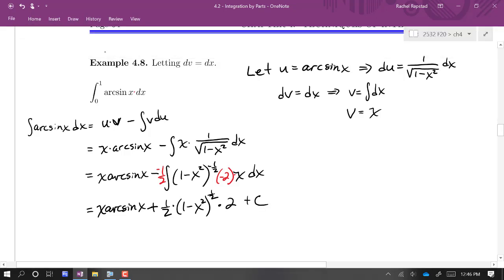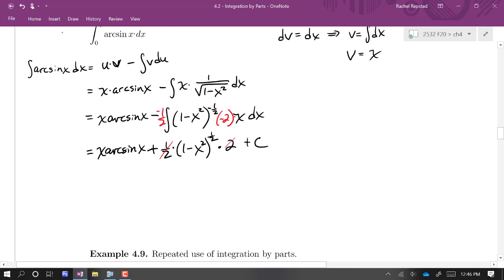These will cancel. And simplifying this a little bit, we get x arc sine x plus the square root of 1 minus x squared plus a constant. Now we're doing this so that we can evaluate the definite integral.